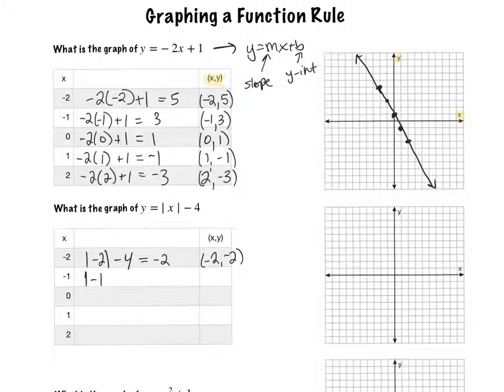I'm going to plug in my x's in there, keeping in mind that whatever's inside the absolute value, I'm just going to take the positive of that because I'm talking about distance from 0. So I'd have 1 minus 4, get negative 3. Then we take the absolute value of 0, you still get 0 because it's not any distance from itself, right? So you'd end up with negative 4.